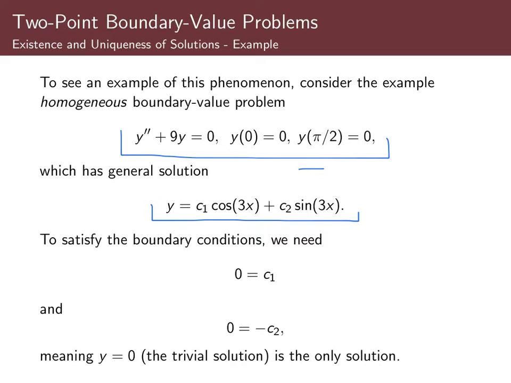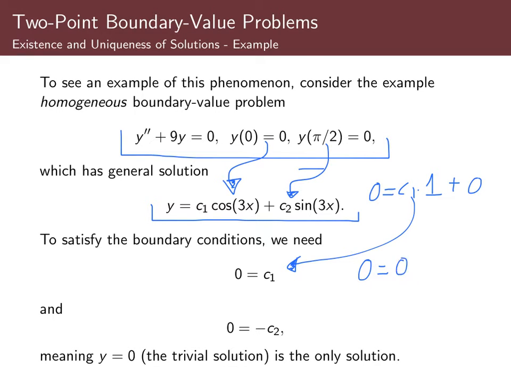If we plug in the first boundary condition, 0 needs to be c1 times cosine of 0, which is 1, plus c2 times sine of 0, which is 0. This means that c1 needs to be 0. If we plug in the second boundary condition, 0 needs to be equal to, and we already know c1 is 0, c2 times sine of 3 pi over 2, which is negative 1.